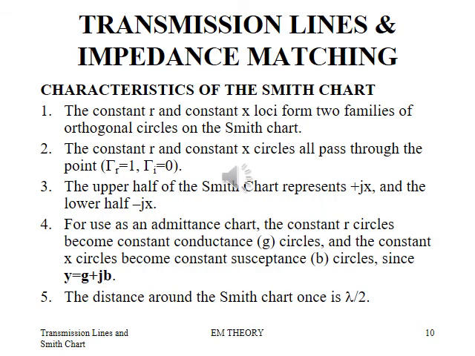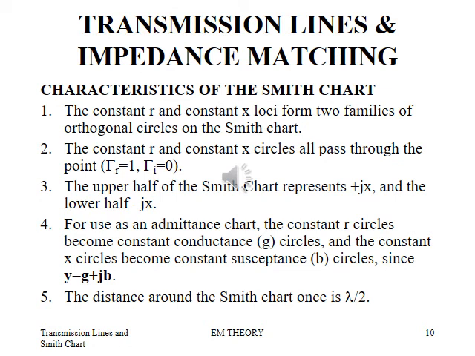We've already shown a bit of that in the plots which we had before. First of all, the constant resistance and constant reactance loci form two families of orthogonal circles on the Smith chart.